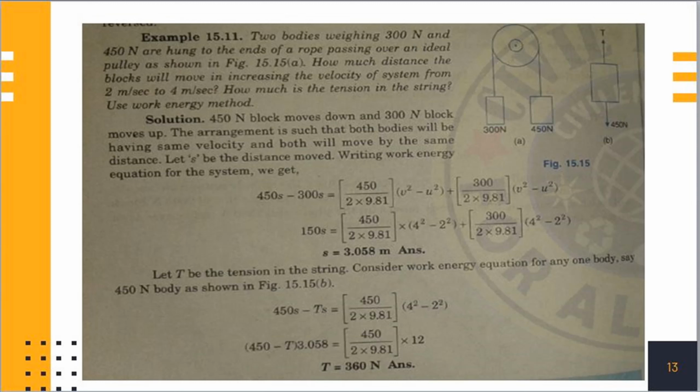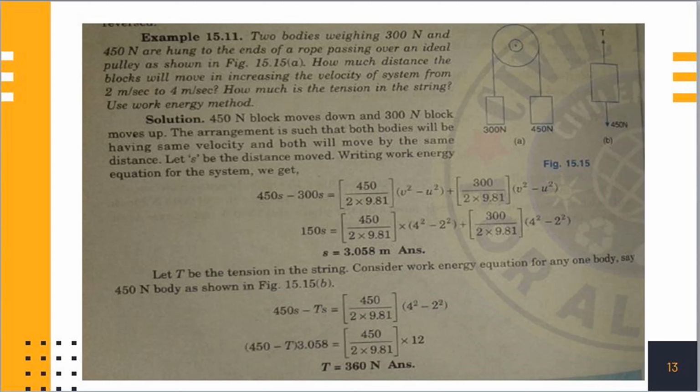Here the body is moving in downward direction, therefore downward forces are taken as positive and upward forces are taken as negative. Therefore, from this equation we get T is equal to 360 Newton.